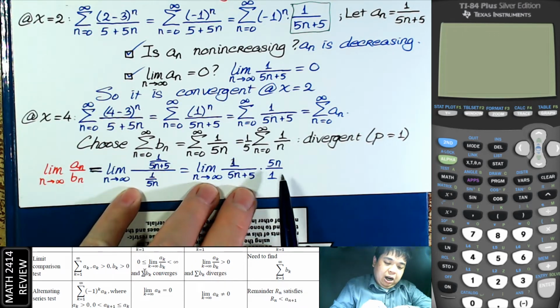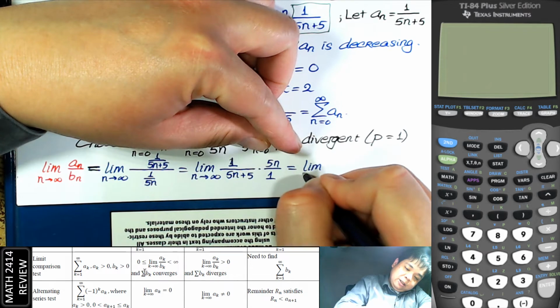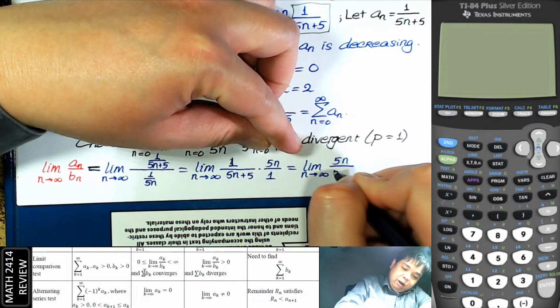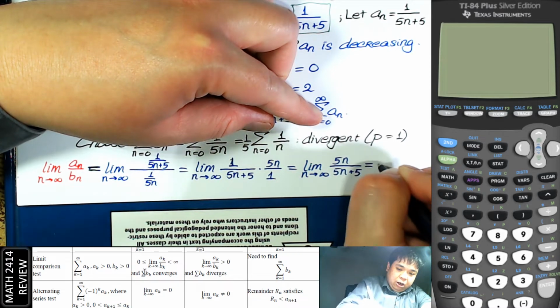Now, it is just 5n over 5n plus 5. But this limit is equal to 1.